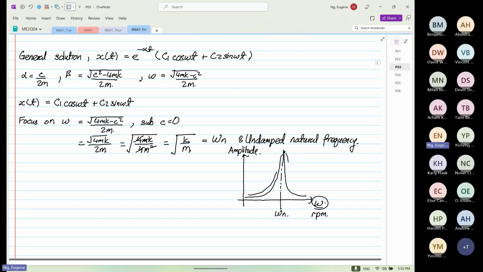So now we know that omega n is equal to the square root of k over m.